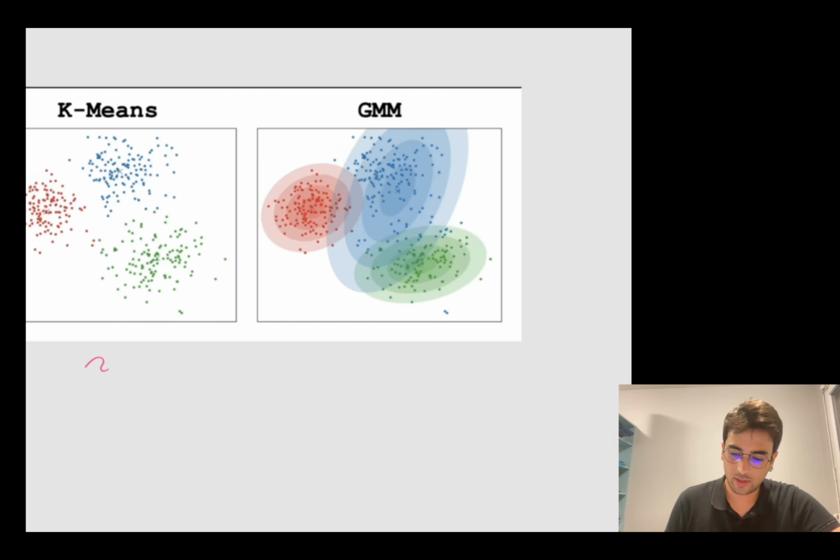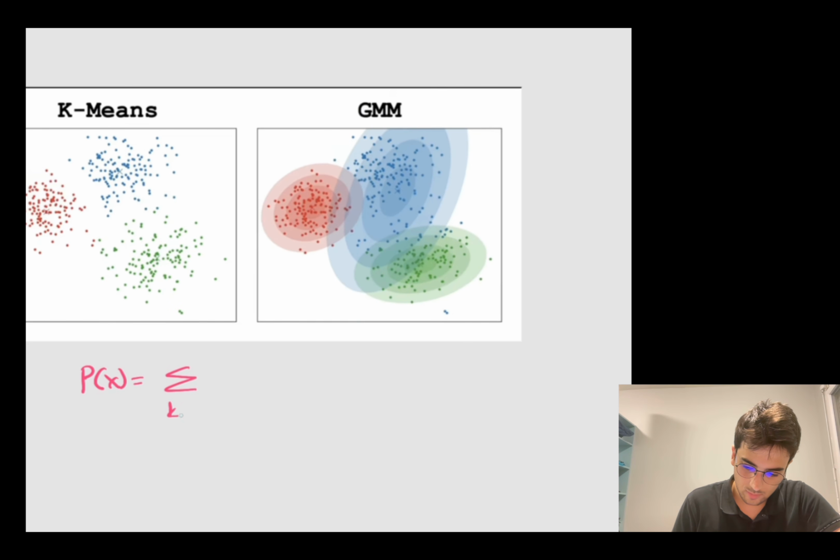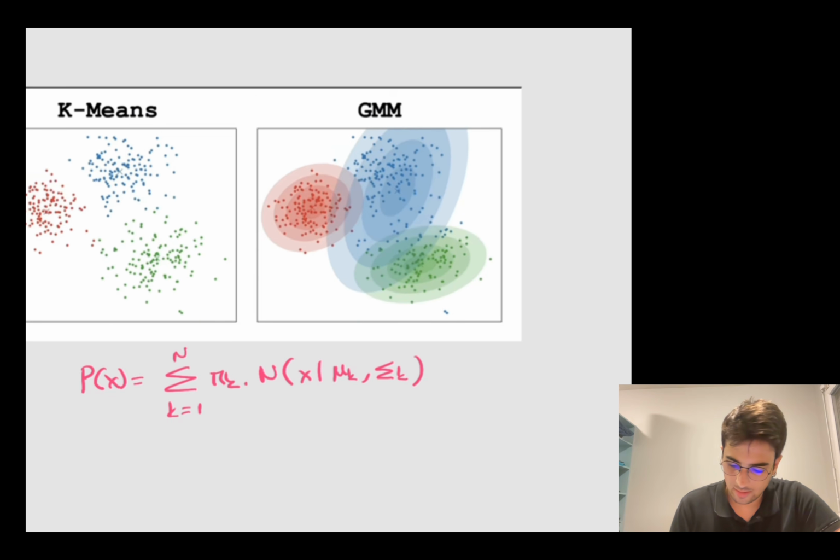Let's continue with the math behind it. The probability of each data point is equal to the sum from k equals 1 to n over the Gaussian distributions of pk times the normal distribution of x given the mean mu k and the covariance matrix sigma k.